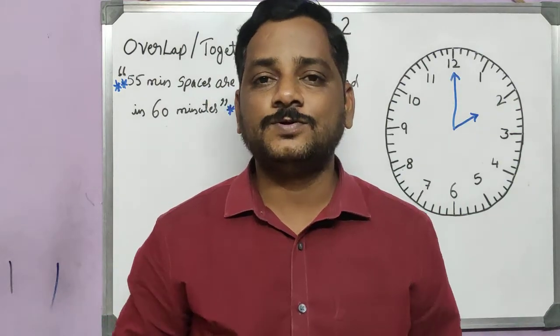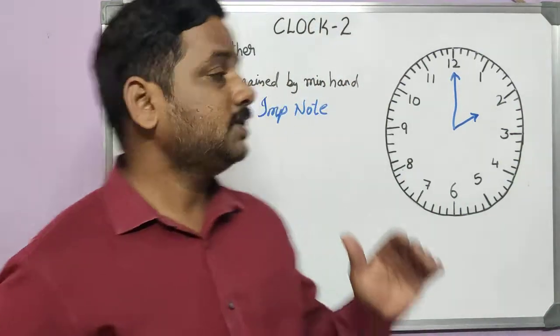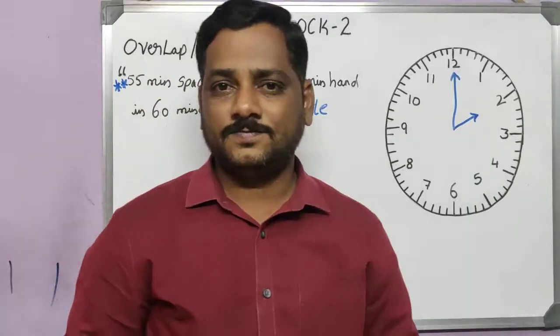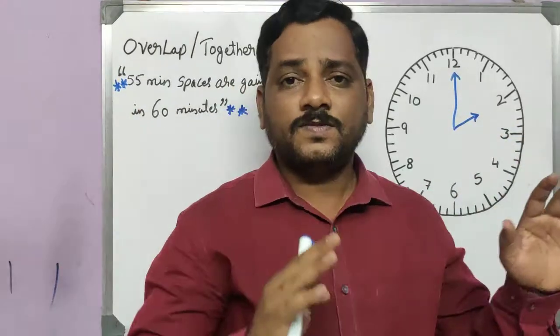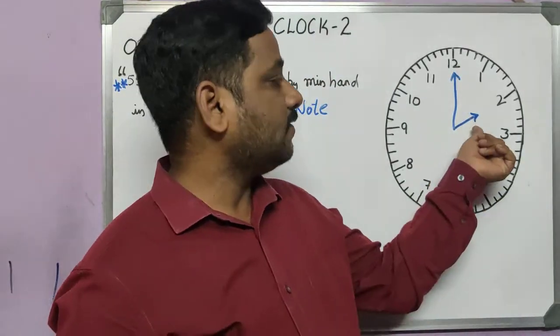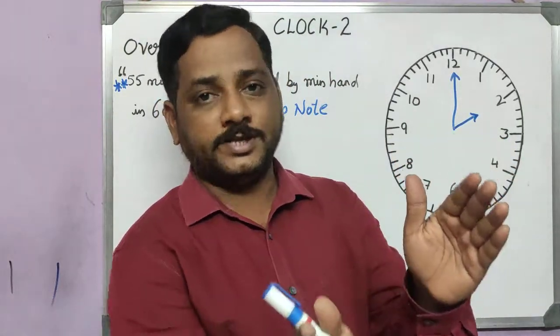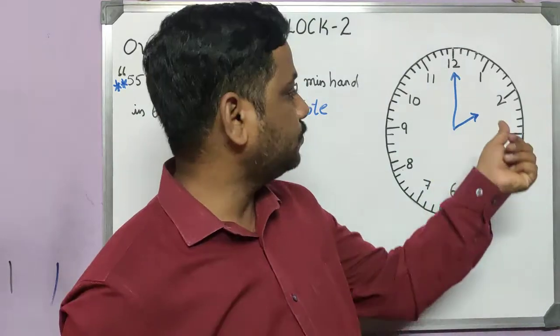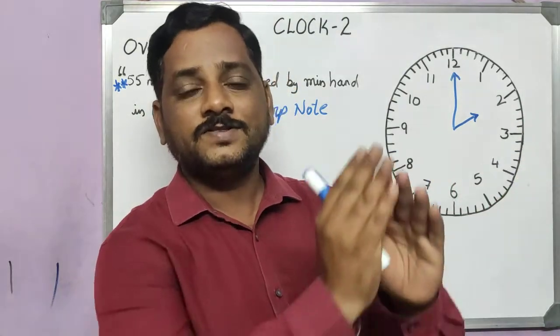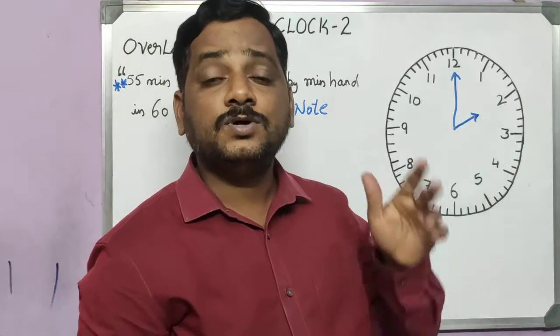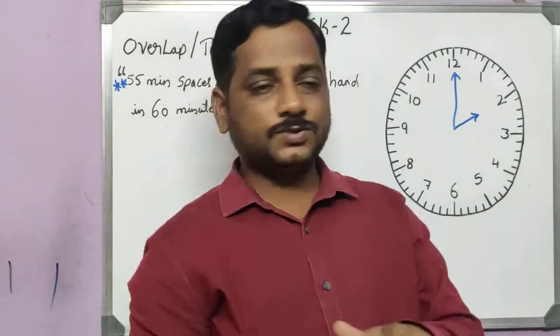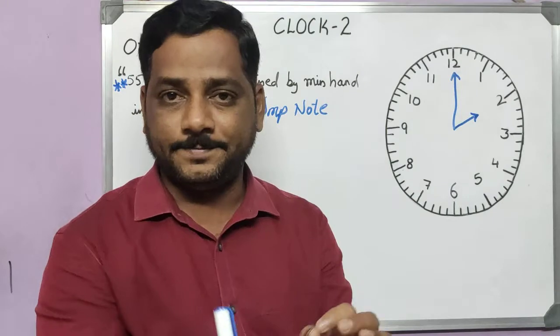So in this video, we will talk about the overlap concept. For example, say the hour hand is moving from 2 to 3. Within that 1 hour, from 2 o'clock to 3 o'clock, the hour hand and minute hand both will come together at a certain time.